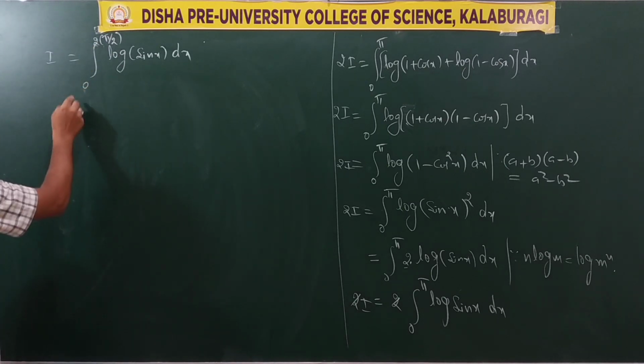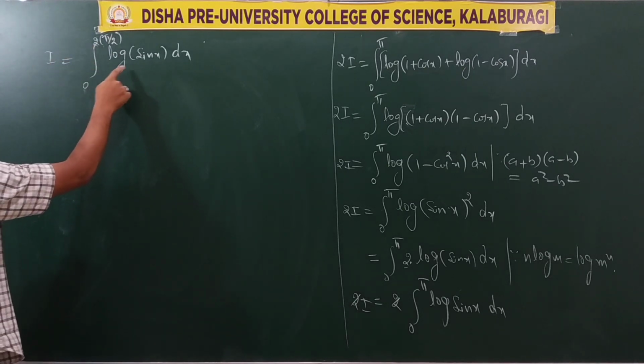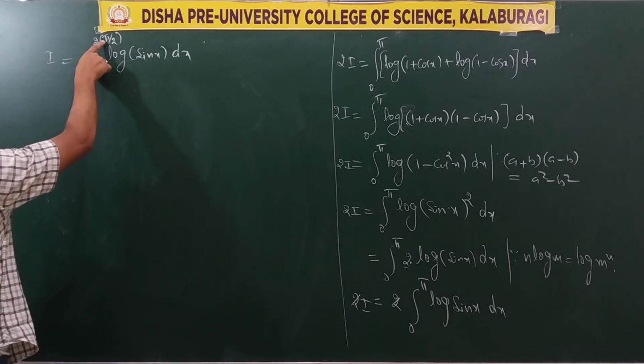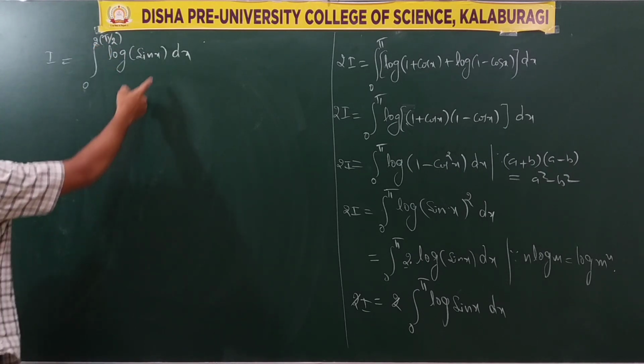Now here log of sin x is there. In place of x, we substitute 2a, that is pi, and again we get log of sin x.